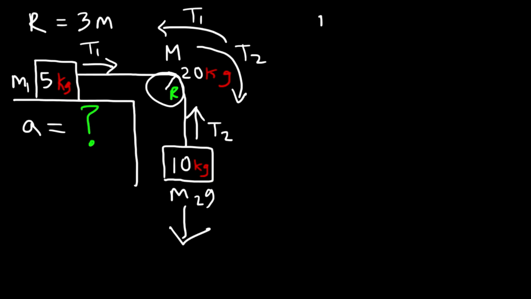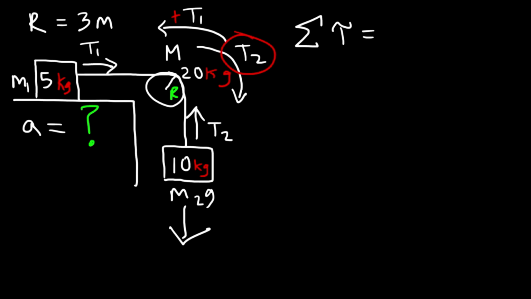And so the net torque acting on the disk is the difference between these two values. Now, in another video, I defined a positive torque as a torque that causes counterclockwise rotation. So the tension force T1 that creates that torque is going to be positive.